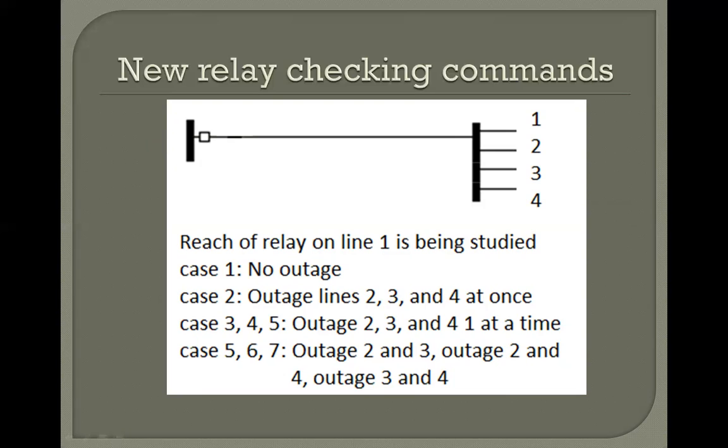And then if you ask for double contingencies, it would consider 3 cases: one with outage 2 and 3, one with 2 and 4, and one with 3 and 4. In other words, all two-line combinations of the remaining remote lines. So there's a lot of cases over here. And if you don't care about cases 3 through 7, there's a way to turn that off.